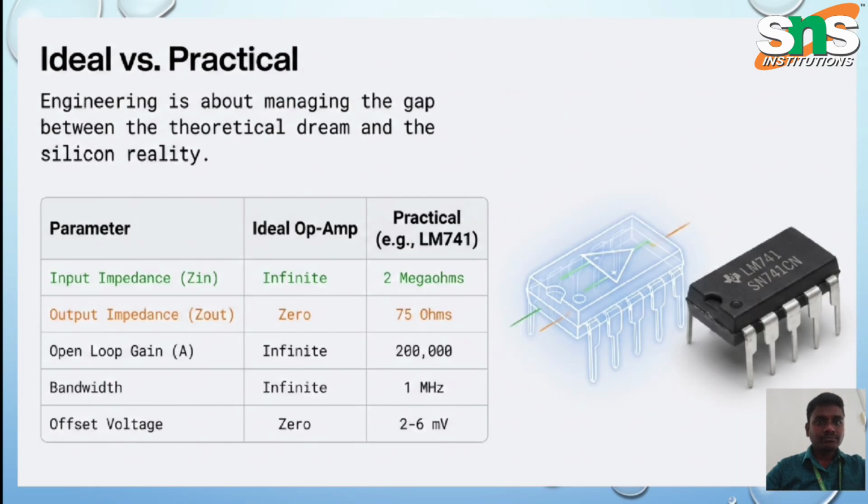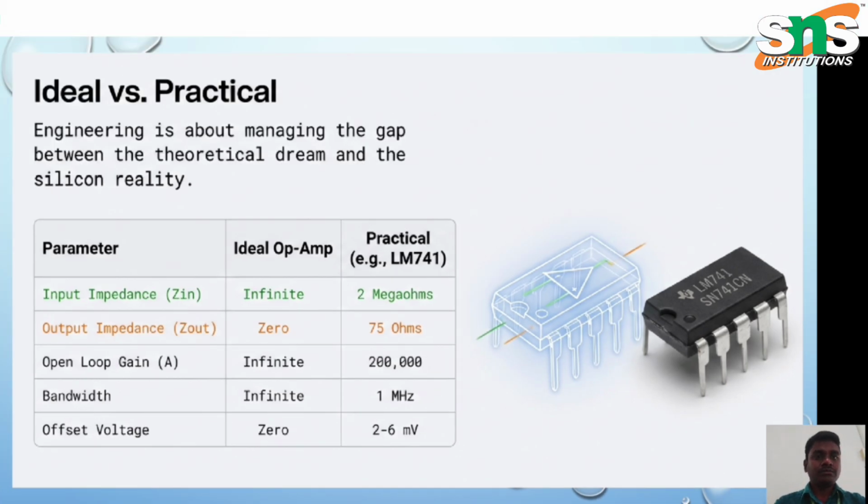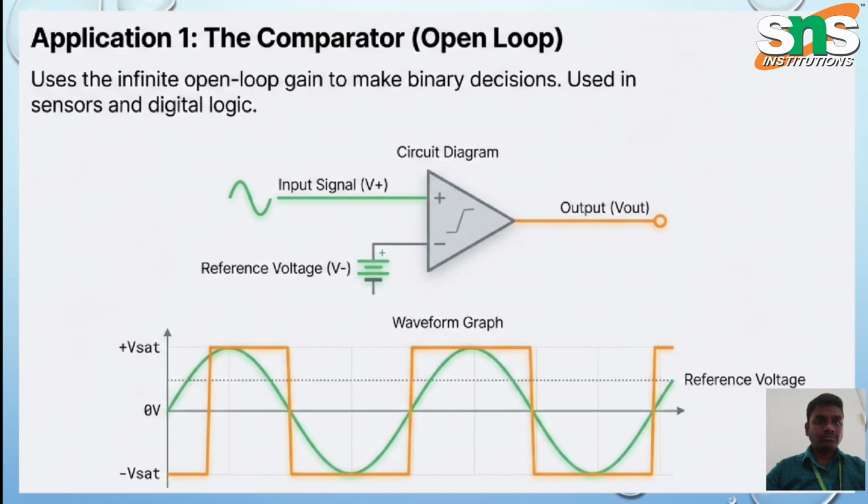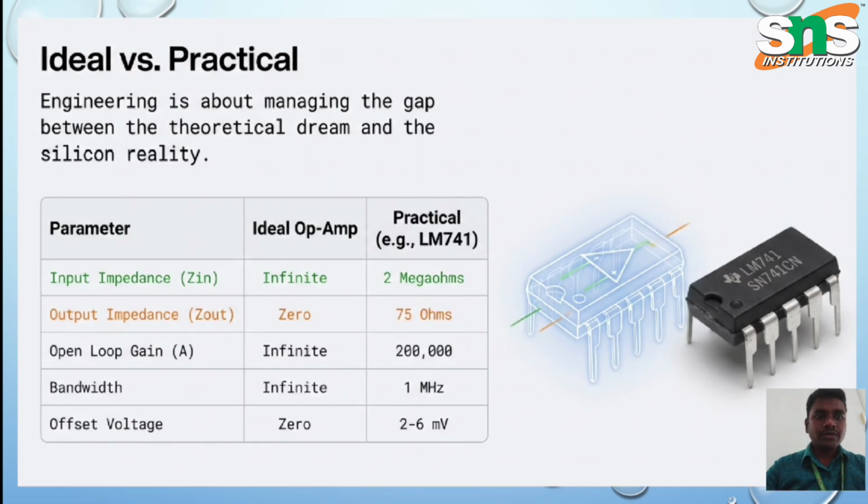Then, ideal versus practical operational amplifier. For the practical operational amplifier, we are using the IC 741 here. This is the parameter comparison. Input impedance for the ideal operational amplifier is infinite; for the practical one it is 2 megaohms.